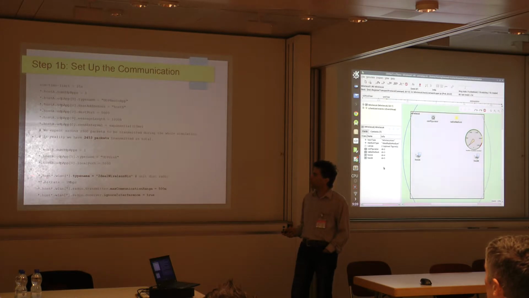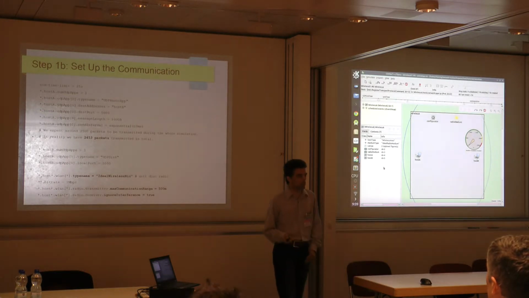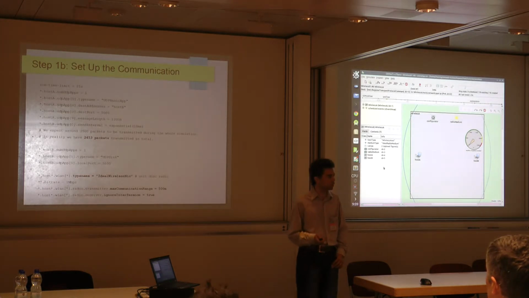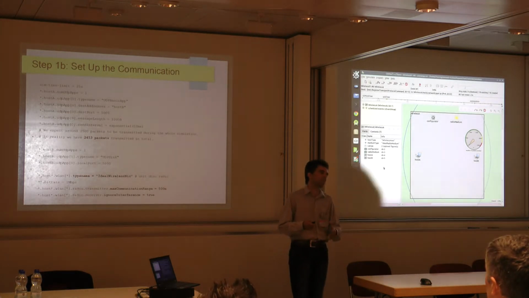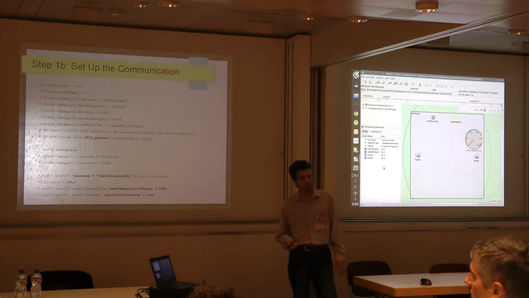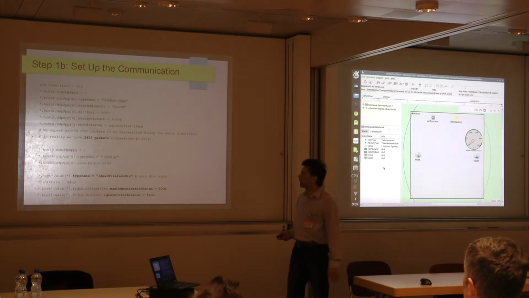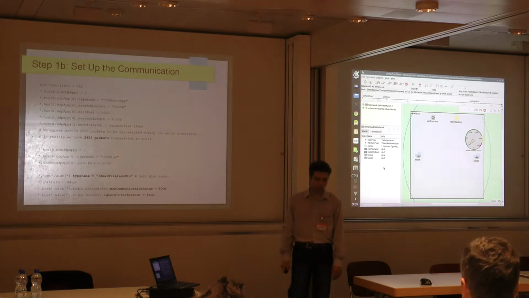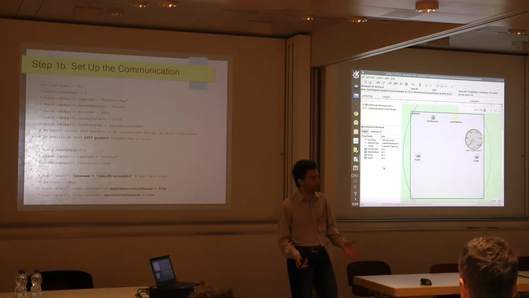On each host we have VLAN cards, and we configure the type name of the VLAN interface to ideal wireless NIC. By default, the wireless NIC contains the 802.11 implementation, because that's the mostly used radio interface, but sometimes you are not really interested in the low-level details.